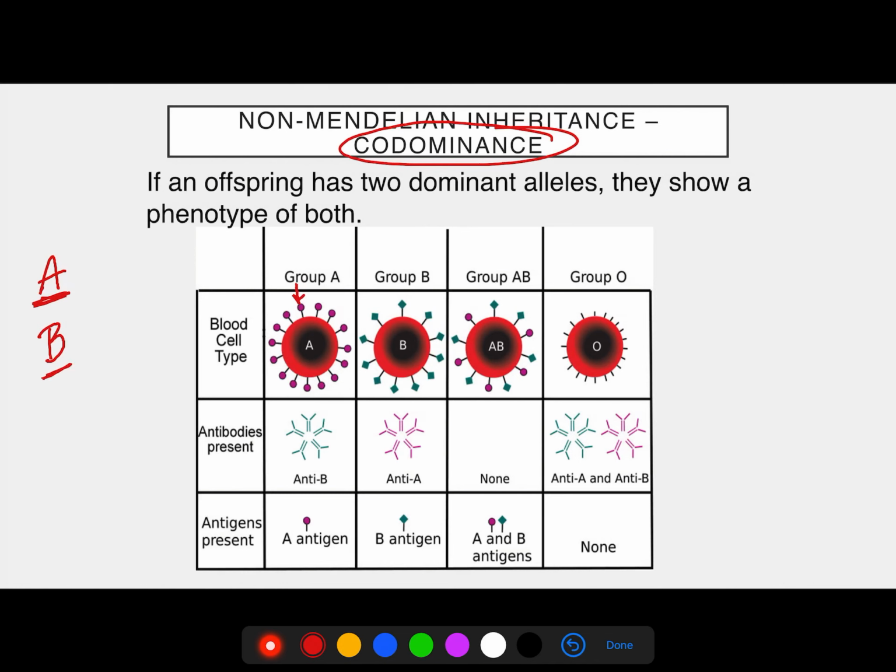If you have the B gene, you'll have what looks like little triangles or diamonds, which you'll see right here. If you happen to get both of these alleles, you're going to see them both. That's codominance. You'll see the little circle and the little diamond in someone that has both genes. If you have neither A or B, you will have the little stick, but no circle or diamond, or the protein that corresponds to A and B.